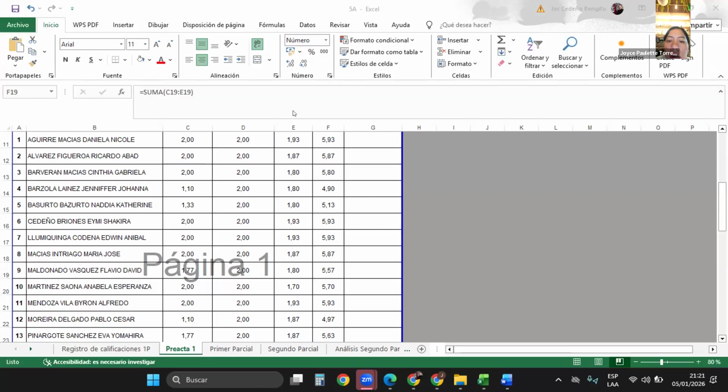Macías María José, 587. Maldonado Flavio, 557. Martínez Anabela, 570. Mendoza Byron, 593. Moreira Pablo, 497. Pinargote Eva, 563.